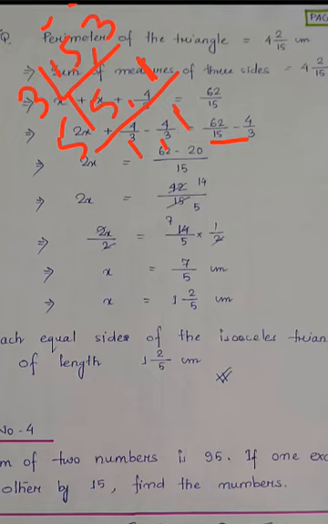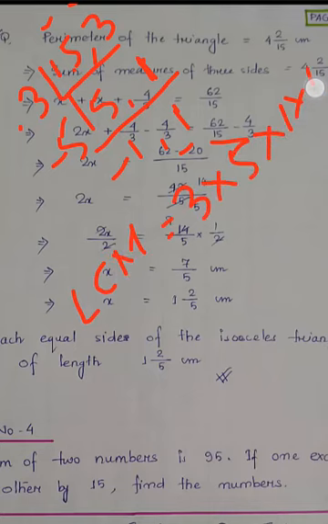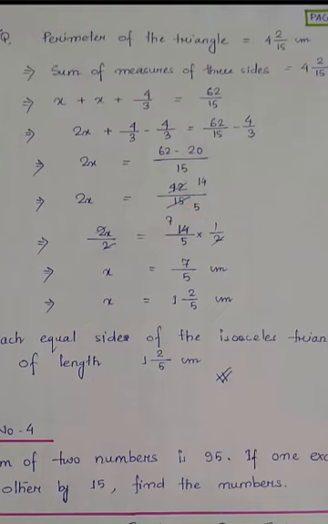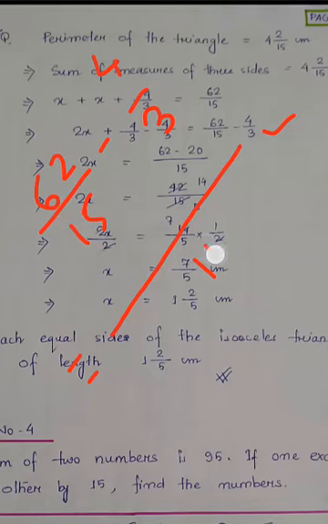Now, let us multiply this, this, this and this. And we get the LCM as 3 into 5 into 1 into 1. The result comes as 15. Therefore, in this calculation, 62 by 15, the right hand side, minus 4 by 3, the LCM is taken to be 15, which we got just now.